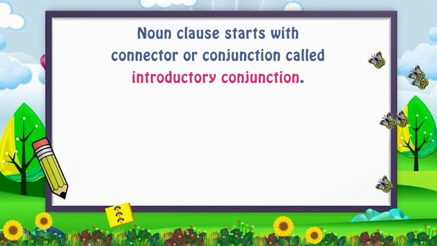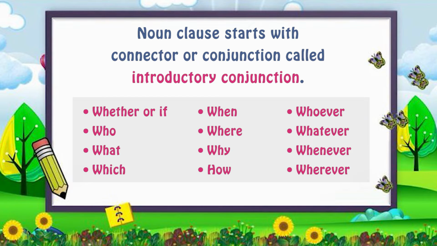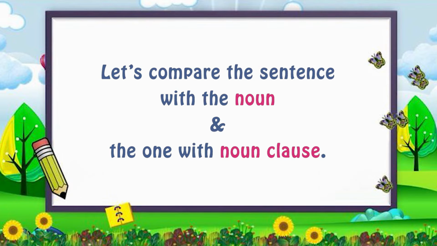A noun clause can start with a connector or conjunction that is called an introductory conjunction, for example that, whether or if, and then who, what, which, and then whom, where, why, how, whoever, whatever, whenever, or wherever.